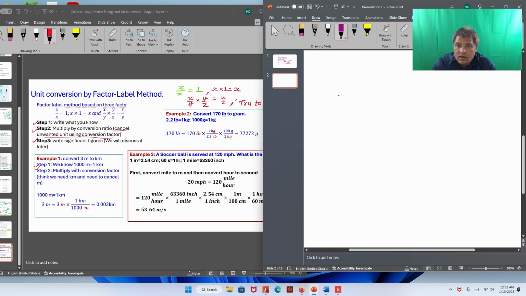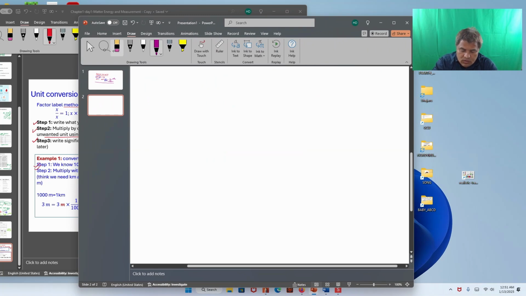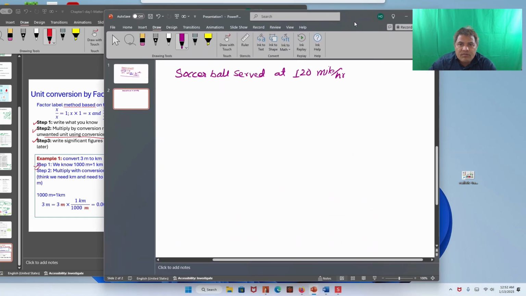Let's see what that is. 120 mile per hour. What is the speed in meter per second?